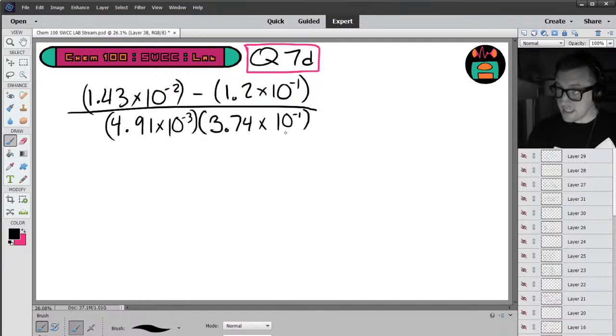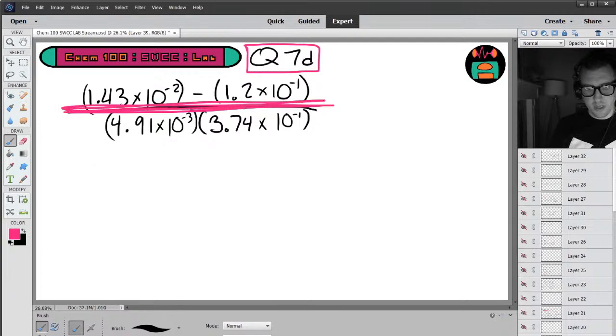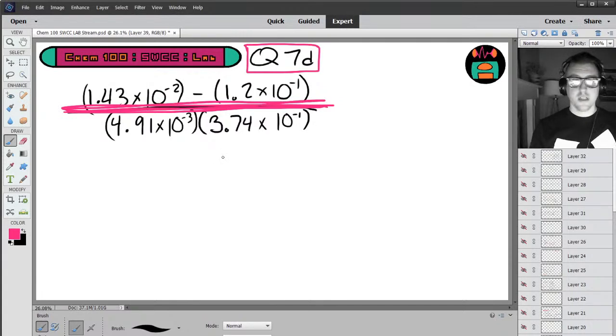So this is a lot of stuff going on. But the way you want to break this down is into 2 steps. And here's where you find that divide. The way you break this down is by taking the fraction and your numerator, evaluating your numerator is step 1.